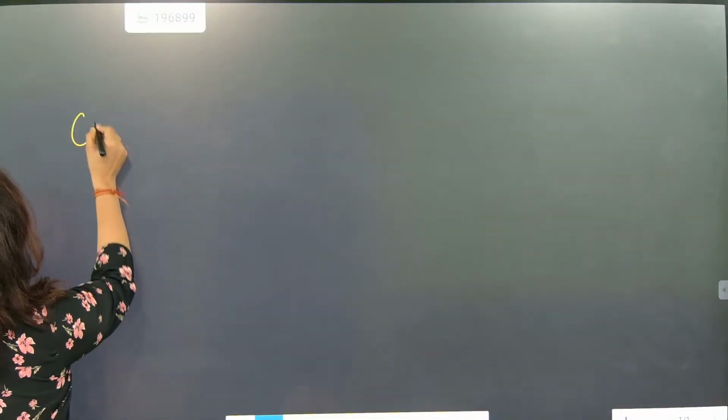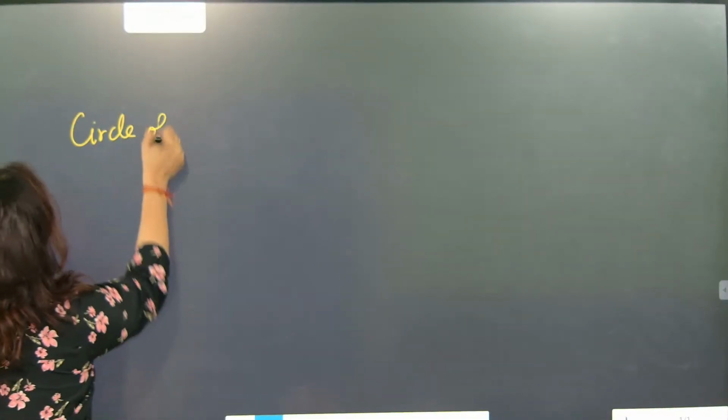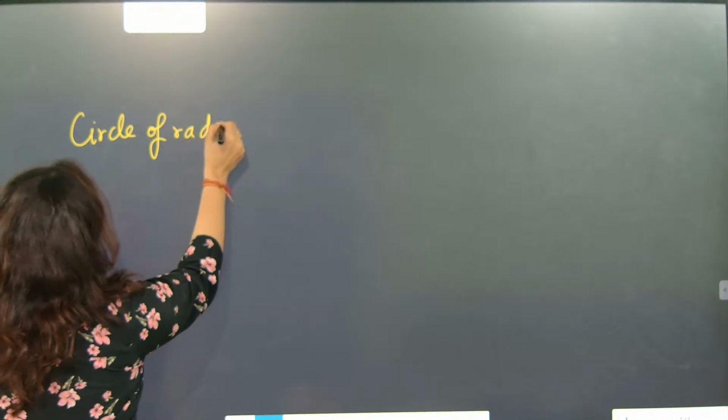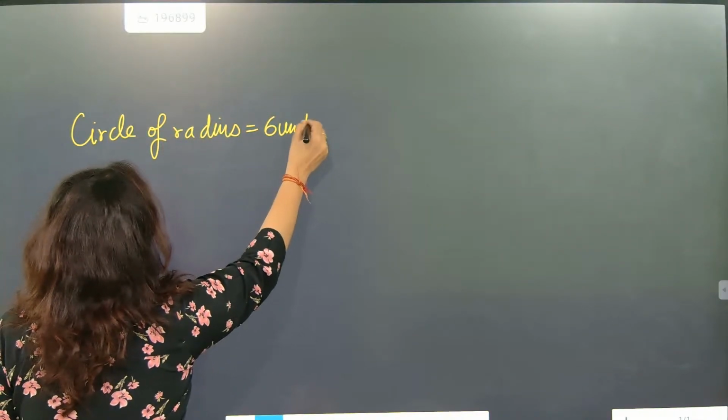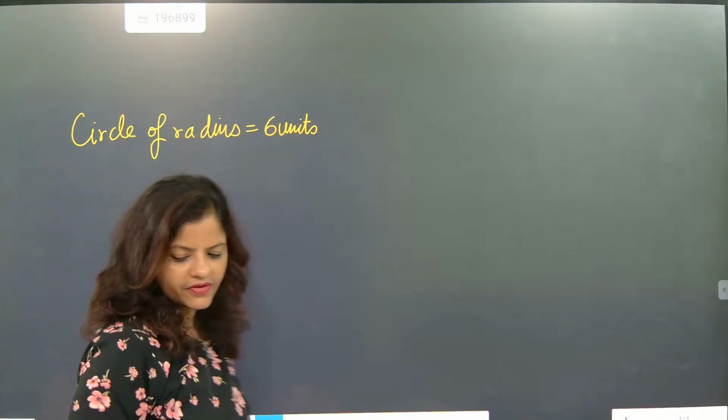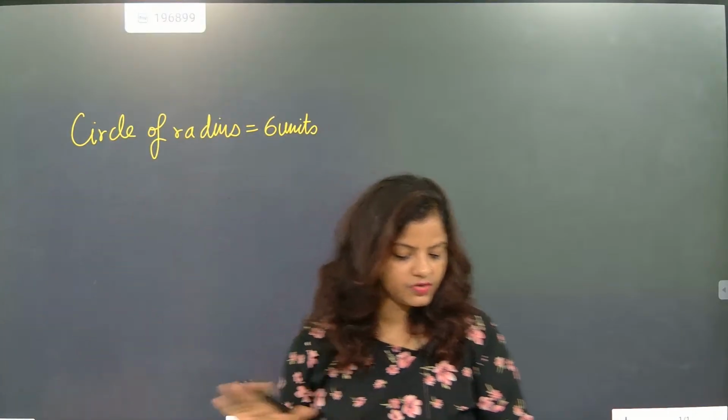The next part of the question: a circle of radius 6 units is given. Now, what they have given is that a circle of radius 6 units touches the coordinate axes. Now, beta, where is it touching the coordinate axes? In the first quadrant.